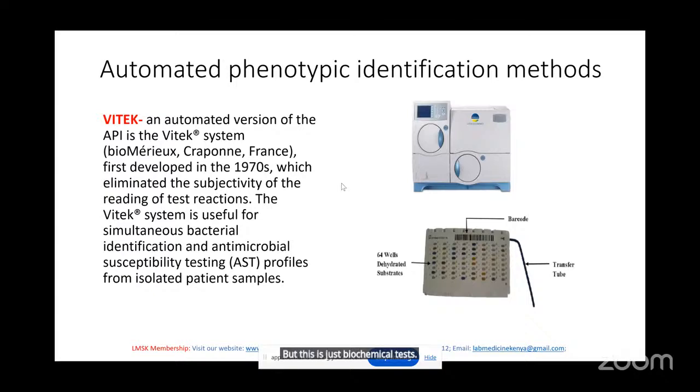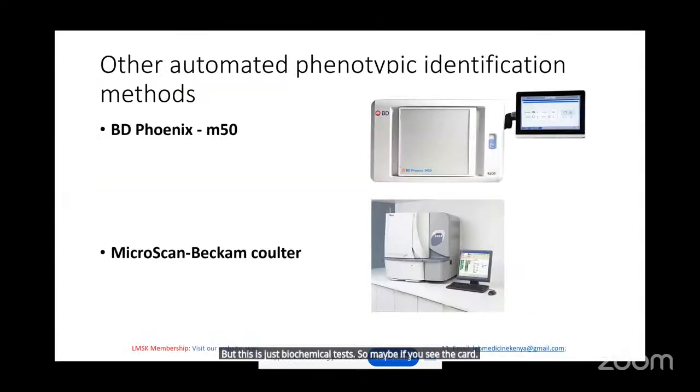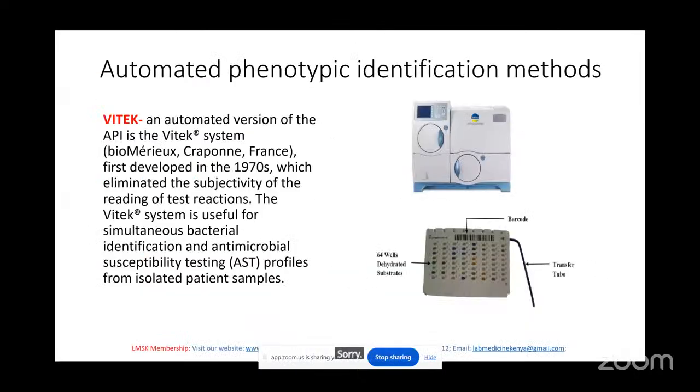So maybe if you see the card, you can see there are some color variations in the card. You have blue, yellow. Those are just some of the substrates that have been impregnated in those wells.